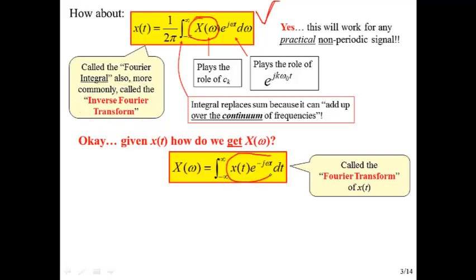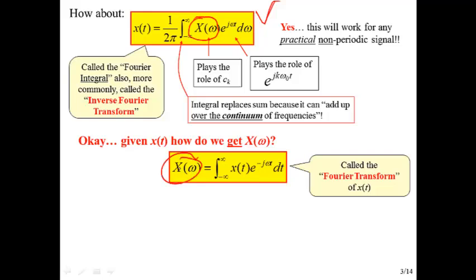We smash these together through multiplication and now integrate, but we can't integrate over one period because x of t is not periodic. We integrate over its entire duration, possibly minus infinity to plus infinity. So this is very similar, almost identical, to the equation that we had for finding the c sub k's. And this is called the Fourier transform of x of t.